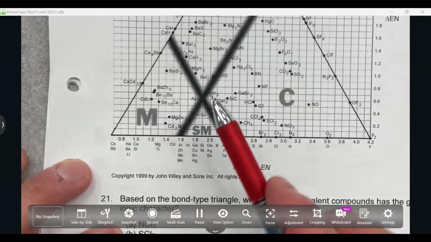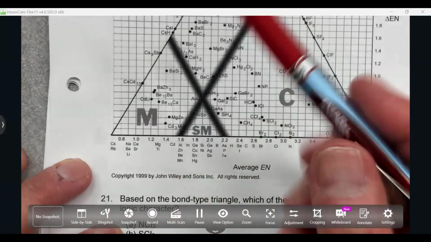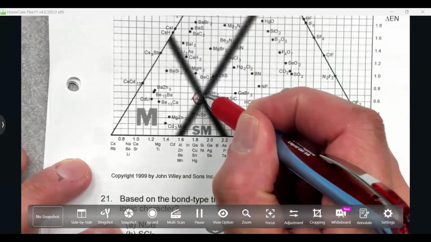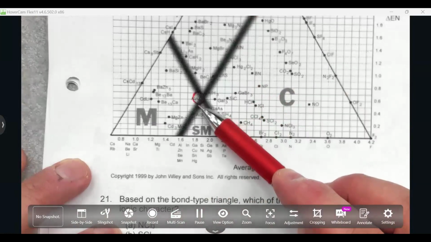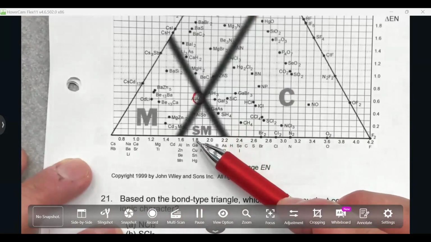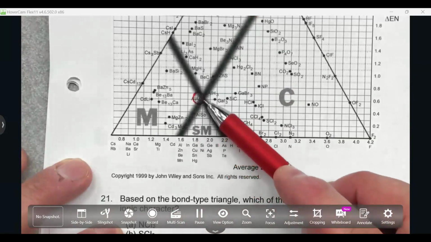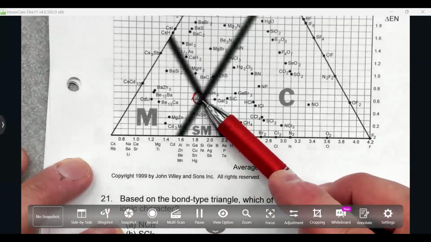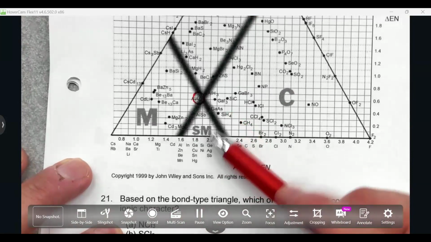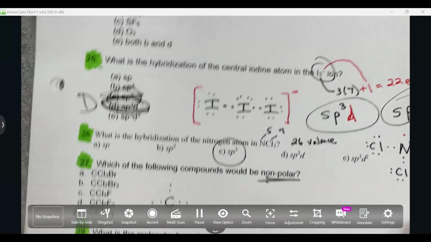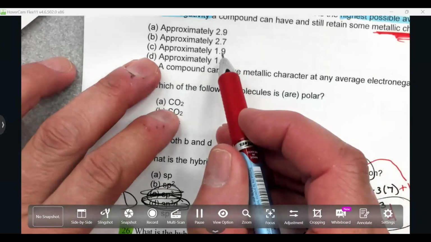It looks like my highest average I can get would be somewhere right in here, about here. If I go down, 1.8, 1.9 if I push it. Highest average to retain metallic character, 1.8, 1.9. Yeah, it looks like we've got 1.9.